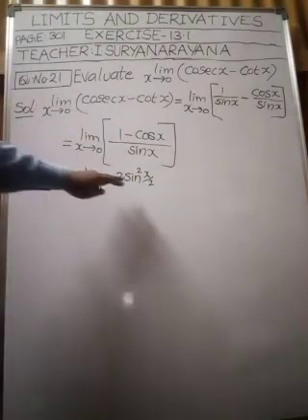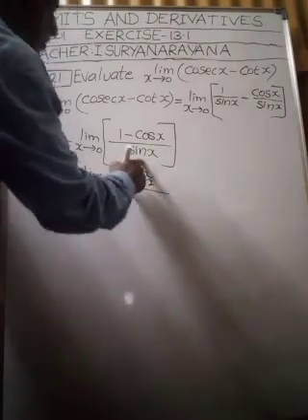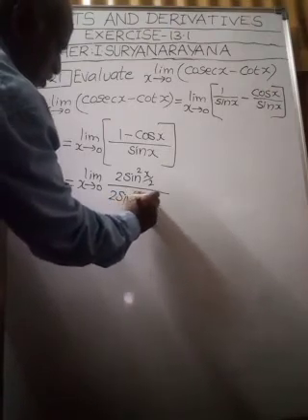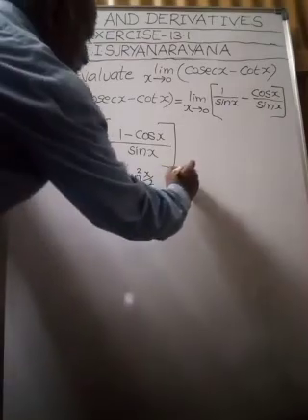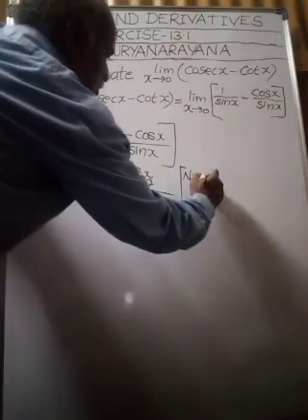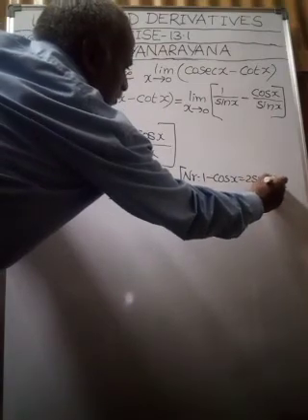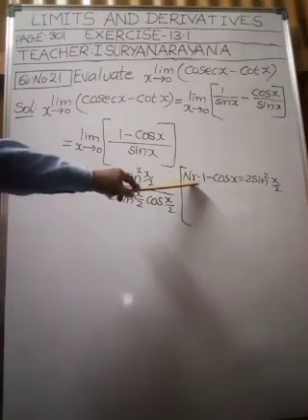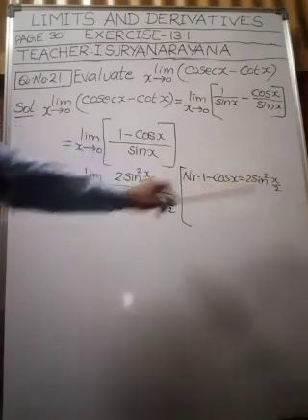Previously we have applied this formula for the previous questions. Similarly here we write the half angle formula, 2 sin x by 2 cos x by 2. In the numerator, 1 minus cos x is equal to 2 sin square x by 2.